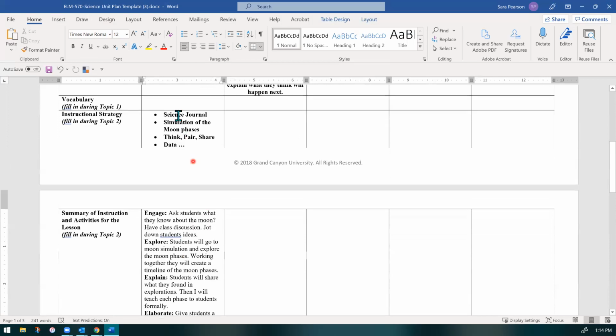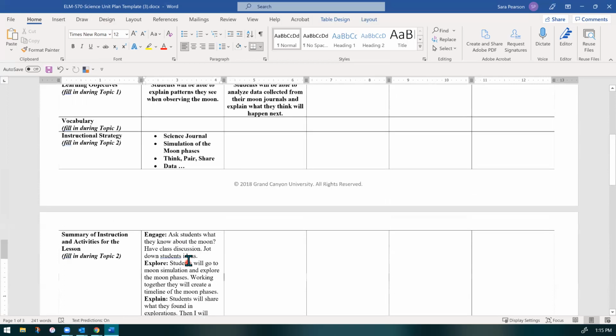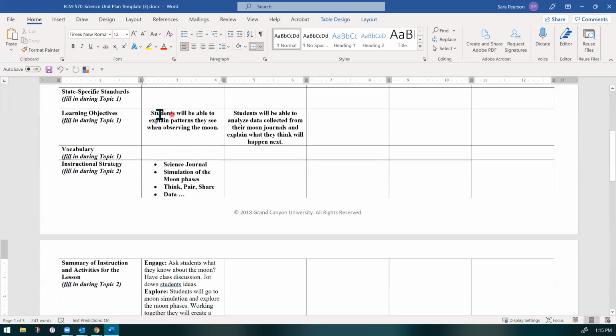See how when I write some of these instructional strategies, I then explain what it's going to look like in action. Anybody could pick this up. They could go, oh, I'm going to go teach this lesson with my students, and they should be able to do it. And you'll notice how everything was directly connected to that objective, directly connected to that standard.